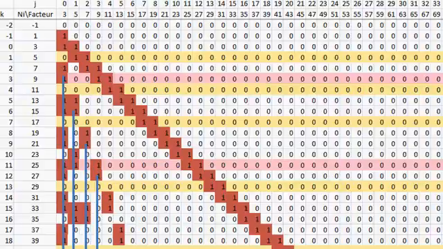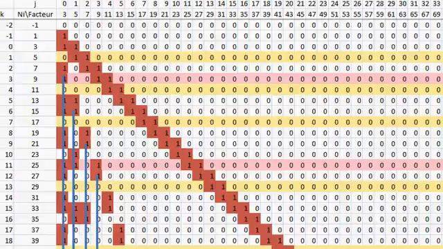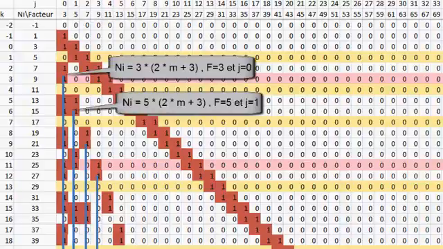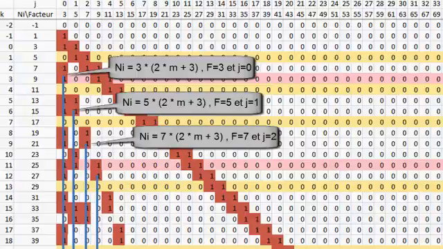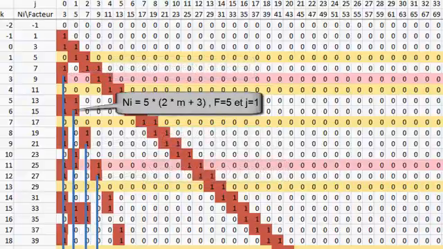We note that this linear function is written with factor 3 corresponding to the factor j equal to 0. The other linear functions are written the same way, the sole difference being the increasing value of the factor. The second linear function is written ni equals 5 times 2 times m plus 3 and so forth.